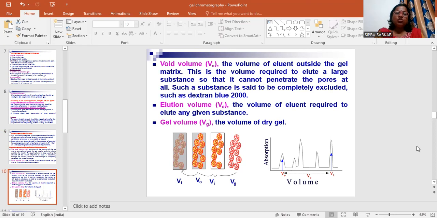Such a substance is said to be completely excluded, such as dextran blue 2000. So that is when the void volume will be there. That means some of the larger molecules will be eluted, and that is known as the void volume. In that void volume, no small molecules or analyte will be coming out. Elution volume: the volume of the eluent required to elute any given substance.